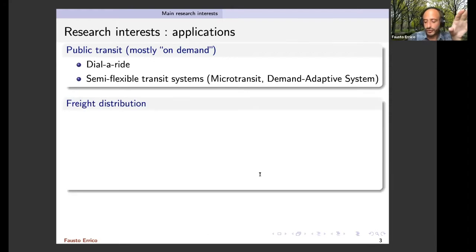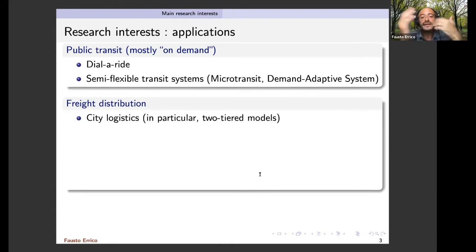And for freight distribution, I'm interested generally in city logistics systems. In particular, I worked on 2-tiered models where, in a city, there are some big distribution centers outside the city, and the distribution is done in 2 legs.